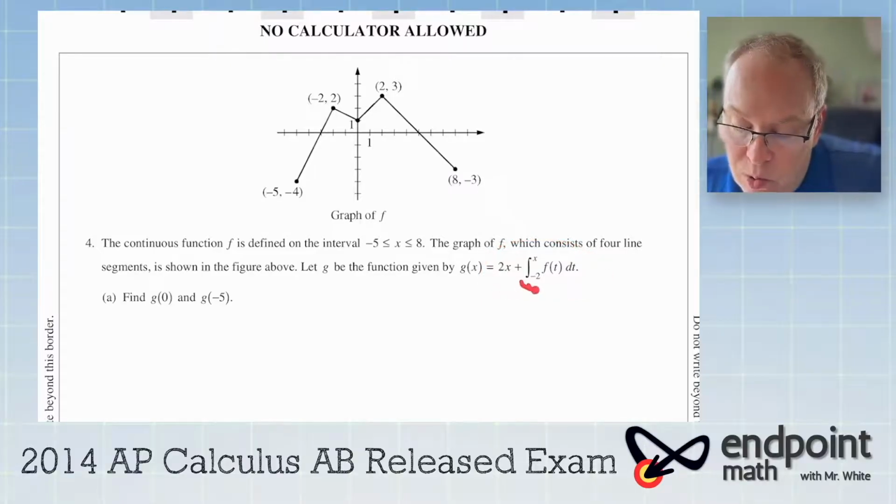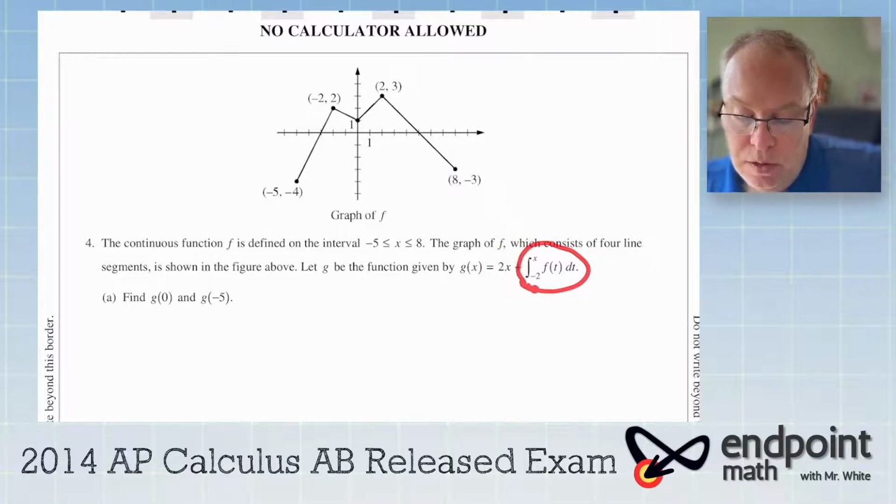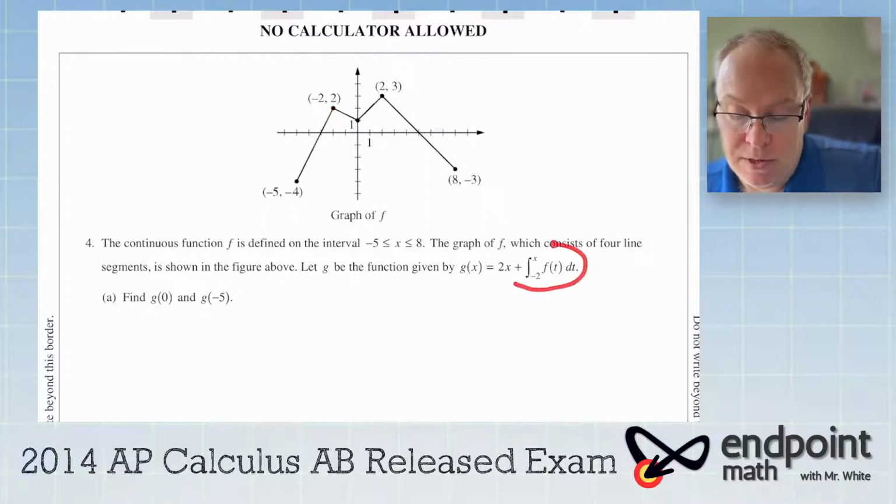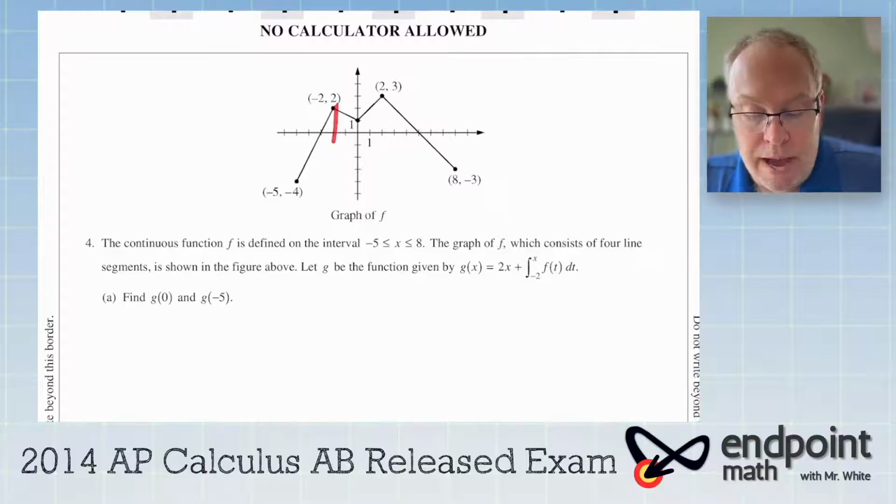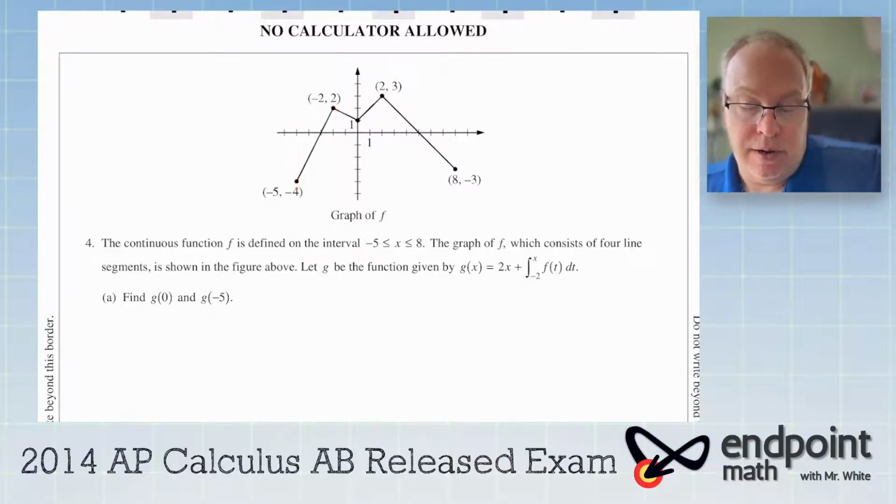So it's got this portion right here. So what is this? This is the area under the curve from -2 to wherever. That's what this represents. And if you go backwards, it'll be negative. And I think they actually try to trick us on that here in a moment.